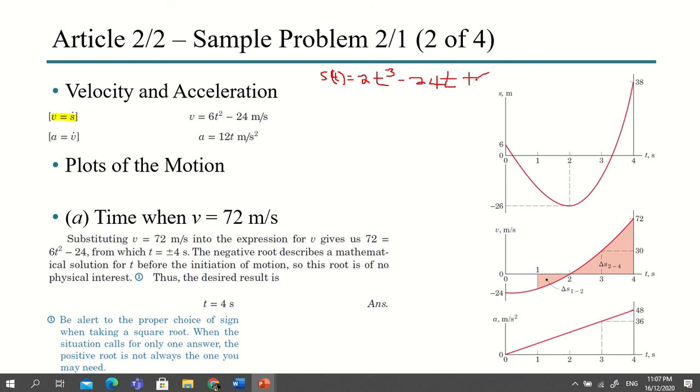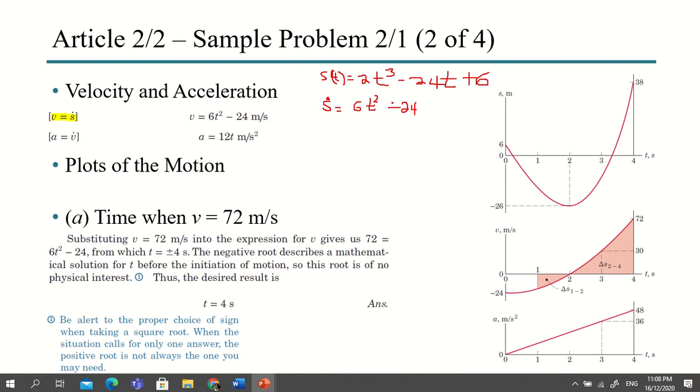So this is the given function. When you differentiate this with respect to time, we have s dot, where the single dot indicates that we differentiate once. This is equivalent to 6t squared minus 24. The derivative of a constant is equal to 0. So this is our velocity.